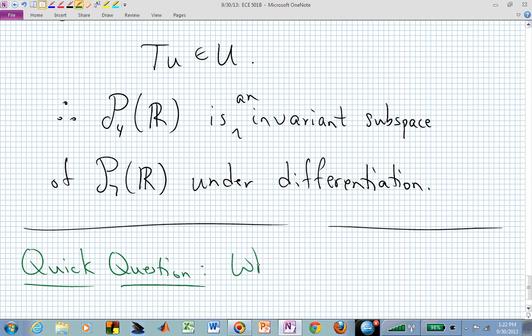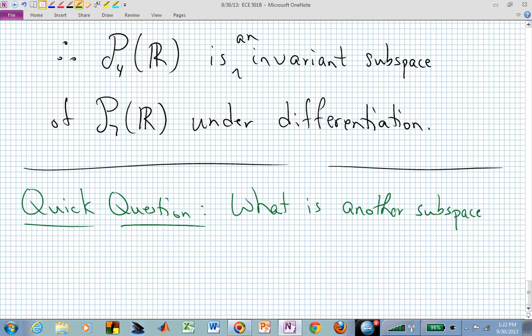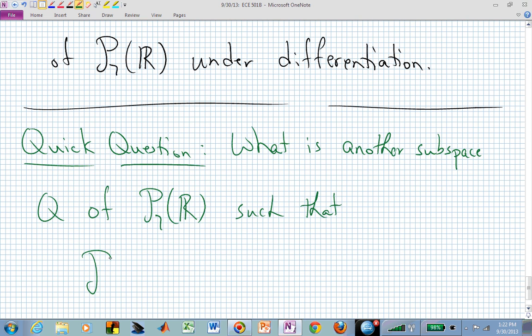Now, what is another subspace, let's call it Q, that lives in this seventh order polynomial vector space, but we want Q to actually complete the vector space P sub 7 from this subspace of fourth order polynomials?